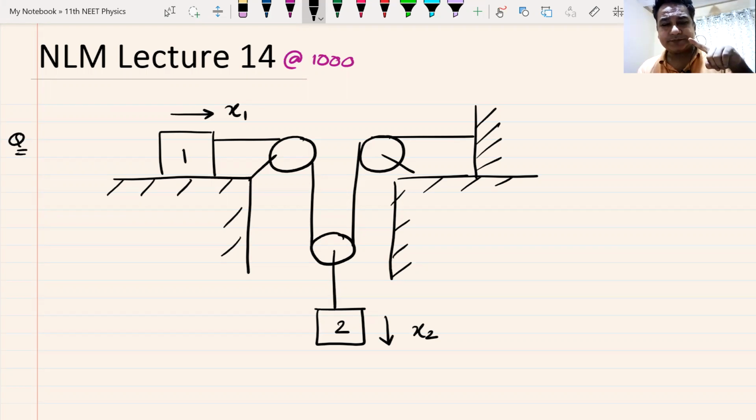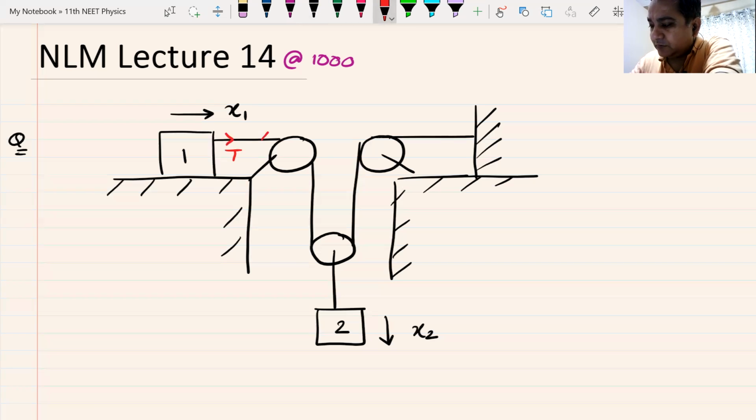Step number one, draw a sketch. Sketch is there. Step number two, isolate the bodies. Bodies are isolated. Step number three, draw the free body diagram. We'll start with tension. How will I write tension here? I will start with this.